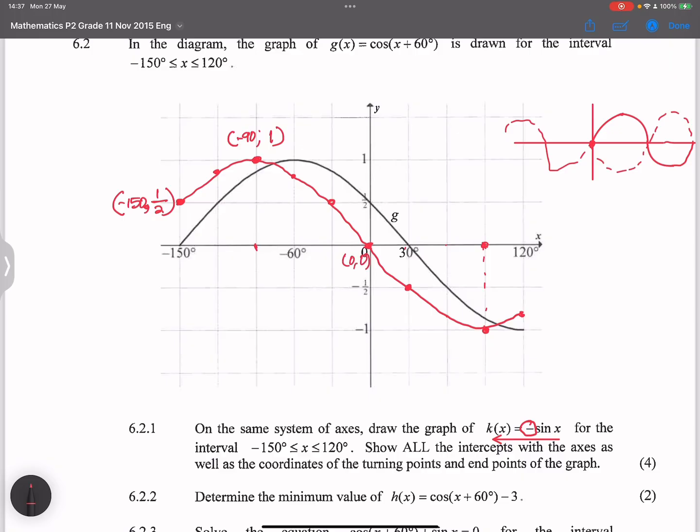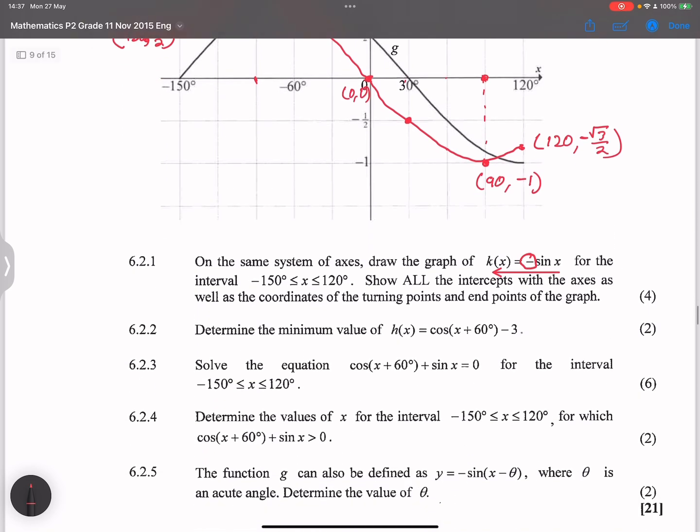Okay, I've got another turning point there at 90 as well as negative 1. And I've got that endpoint there, which is 120, and this is going to be root 3 over 2. Or you can find the negative sine of 120, and you'll see that it will give you negative root 3 over 2. Okay, right, ladies and gents, that's what our graph is going to look like.